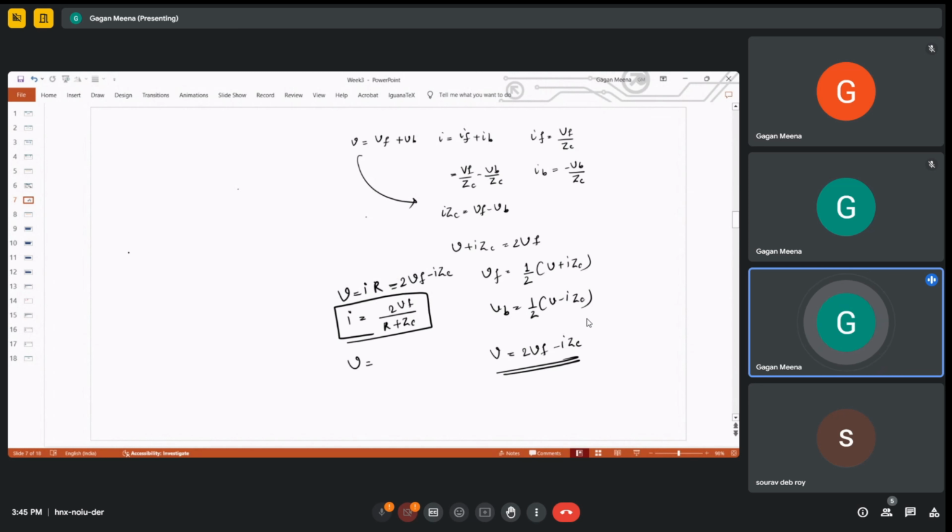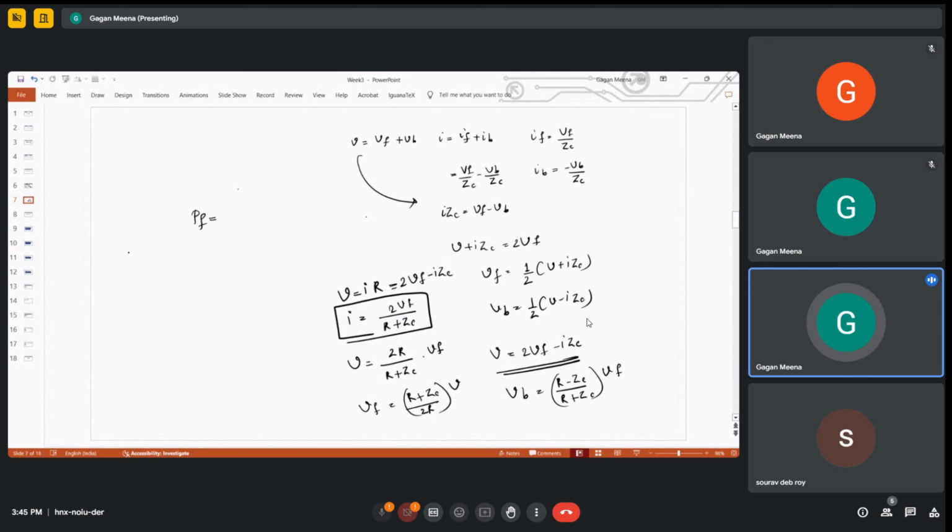And V will become, multiplied by R, 2R divided by R plus ZC into VF. So VF is equal to R plus ZC divided by 2R into V. Similarly, we can also find VB as R minus ZC by R plus ZC into V forward.